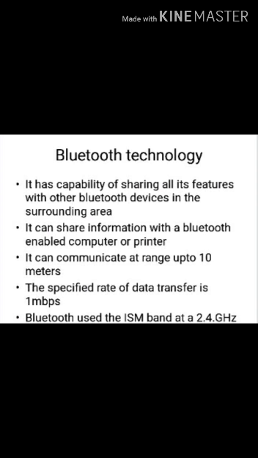It can communicate at a range up to 10 meters. The specified rate of data transfer is 1 Mbps. Bluetooth uses the ISM band at 2.4 GHz. It is low cost and has low power consumption. These are the different features related to the Bluetooth technology.